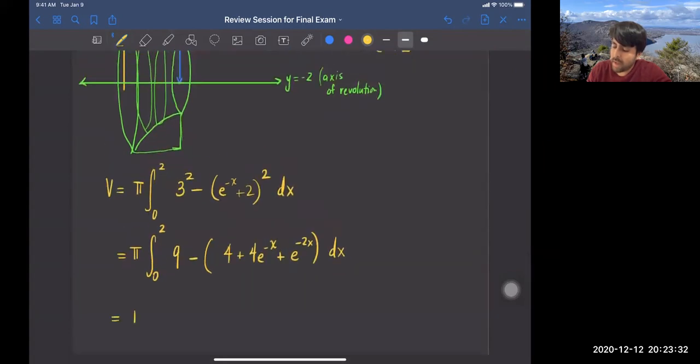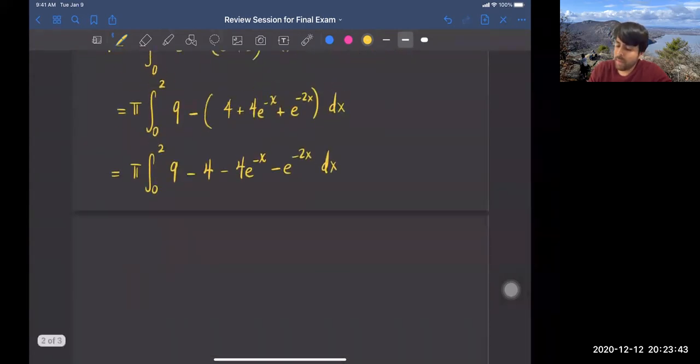This becomes pi from 0 to 2 of 9 minus 4 e to the -x minus e to the -2x dx. So this becomes pi evaluated from 0 to 2 of 5 minus 4e to the -x minus e to the -2x dx.